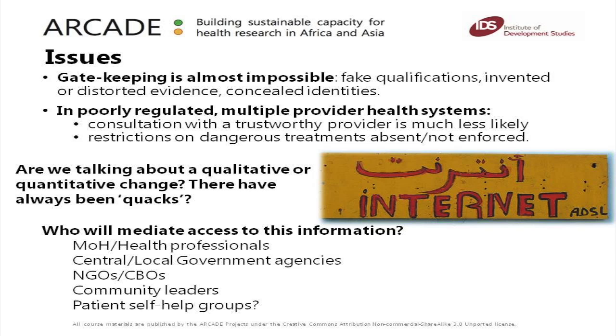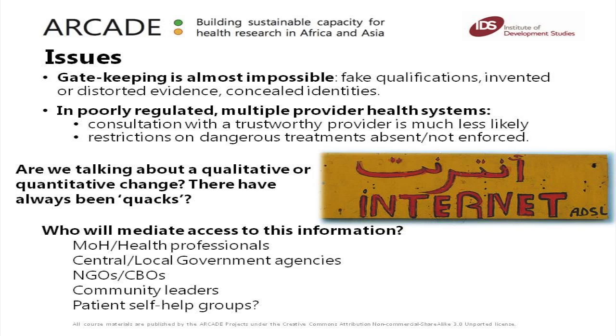Where you don't have that option, where there are no qualified providers around, then it's much less likely that you'll be able to check the information you're getting through the internet or on your mobile phone with anybody who is trustworthy. There will also probably be, in that situation, very few enforced regulations or restrictions on dangerous treatments, on dangerous drugs, on dangerous procedures. So you may, unfortunately, be able to put into practice the advice you've been getting over the internet.